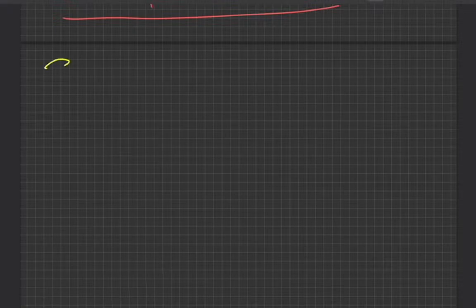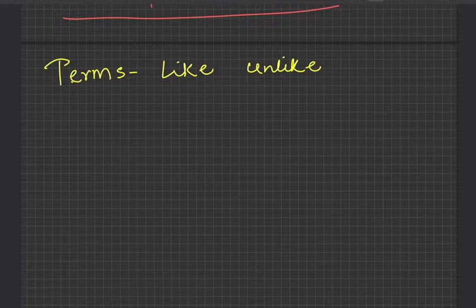Let's say the terms, right? Starting with the terms, we have like terms and unlike terms. Like terms have the same variable, or the variable with the same power, or exponent.